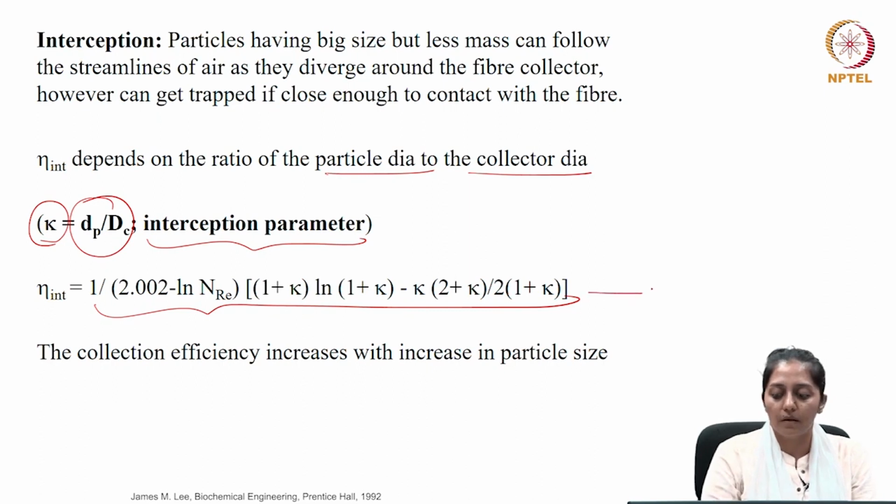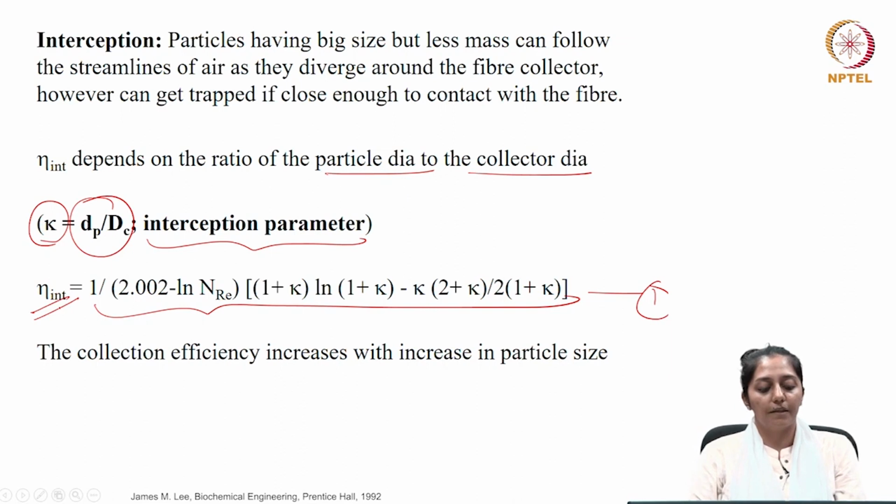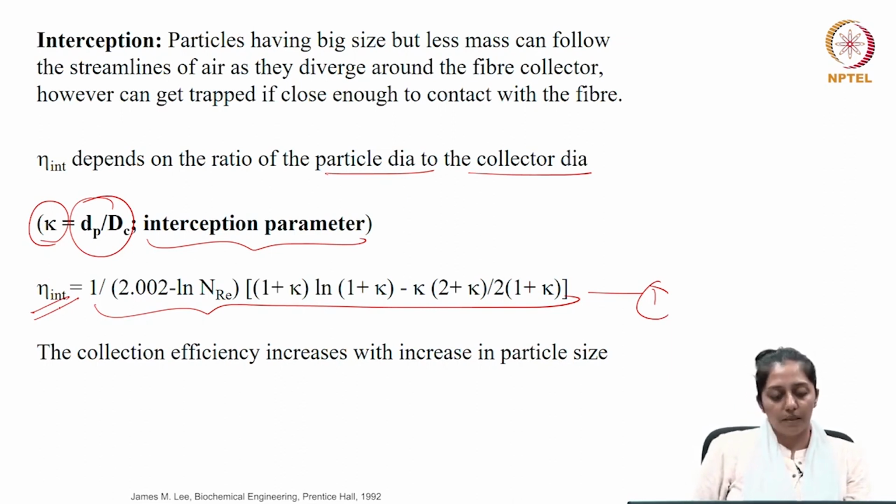So, this is one empirical relationship shown to define the efficiency due to interception. Efficiency means the collection efficiency. One can make out the collection efficiency would increase with the increase in the particle size.